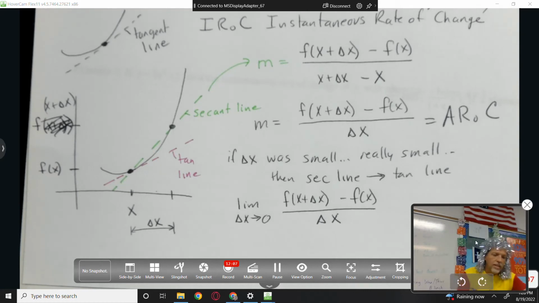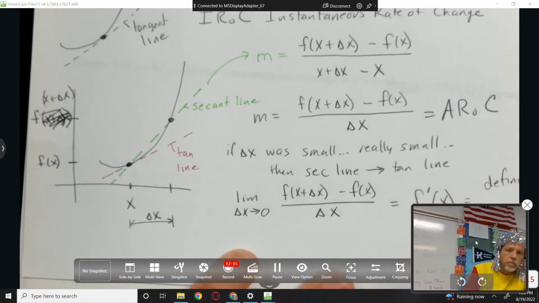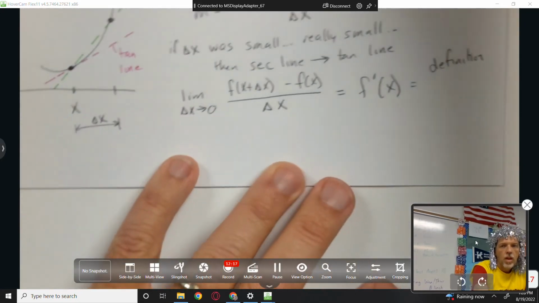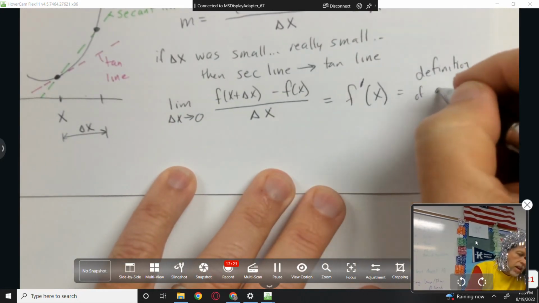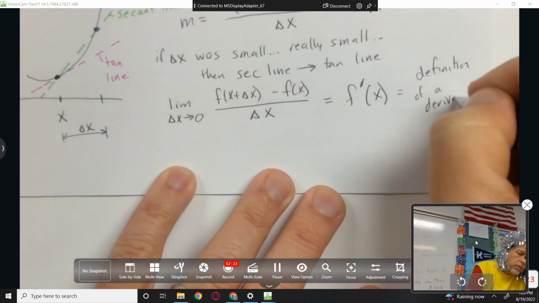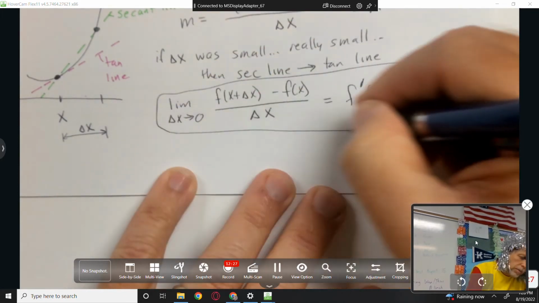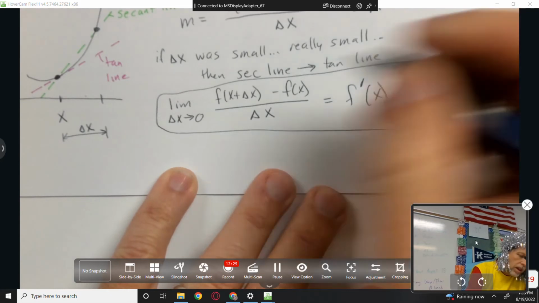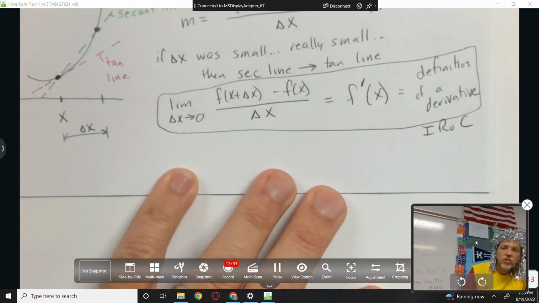And in fact, that is the definition of a derivative. That's f prime. So when we say use the definition to find a derivative, that's what we mean. And another way to say that is that's the instantaneous rate of change.